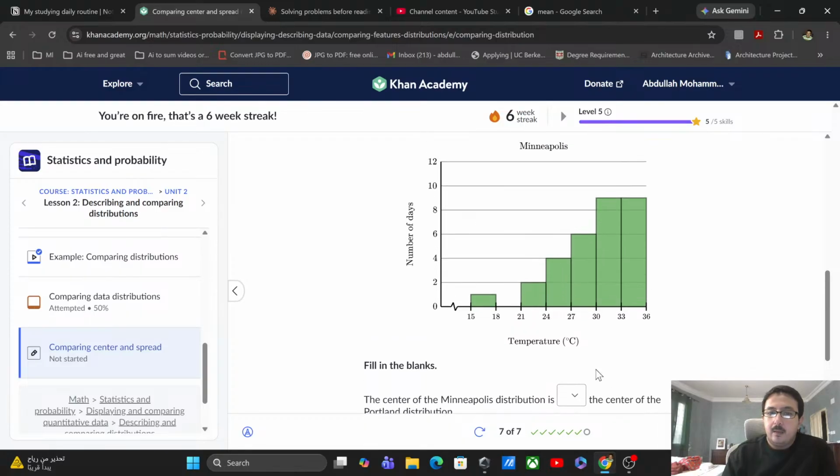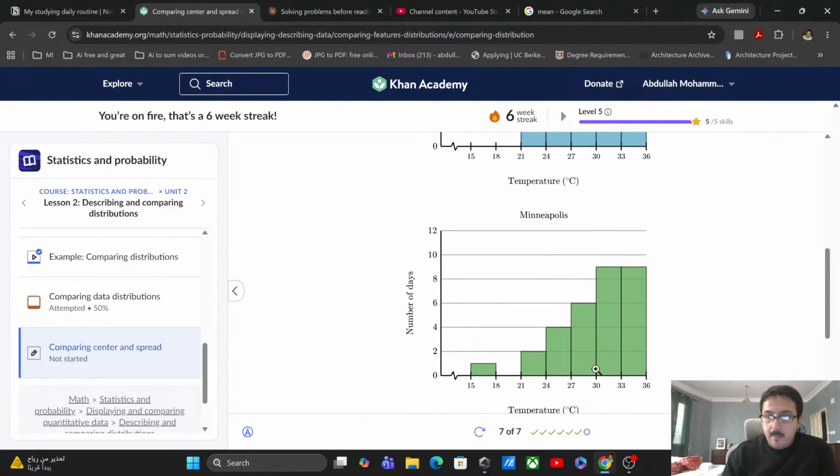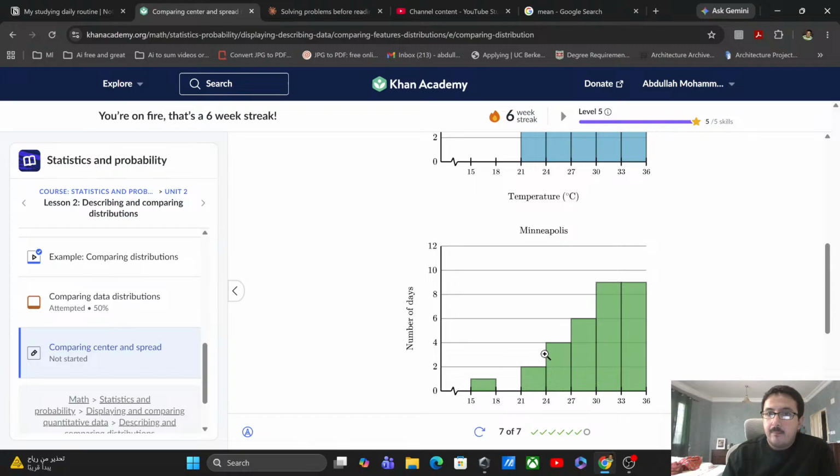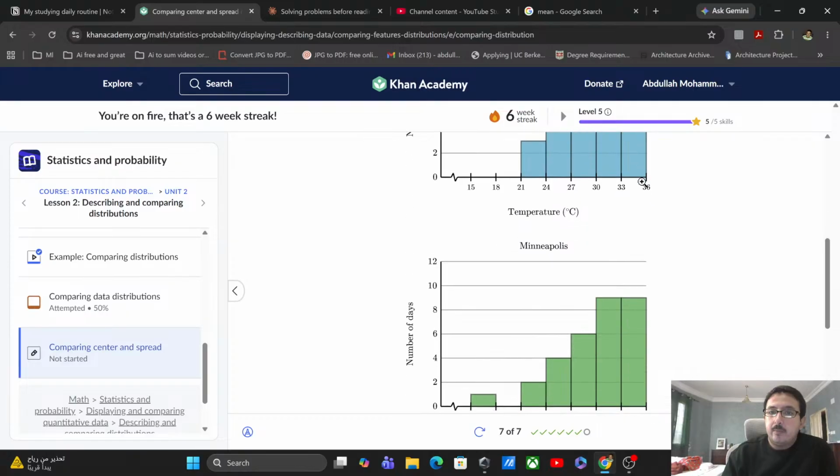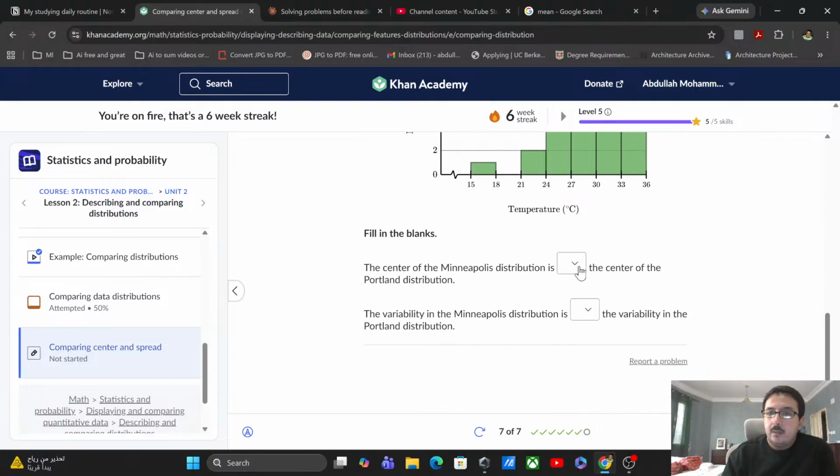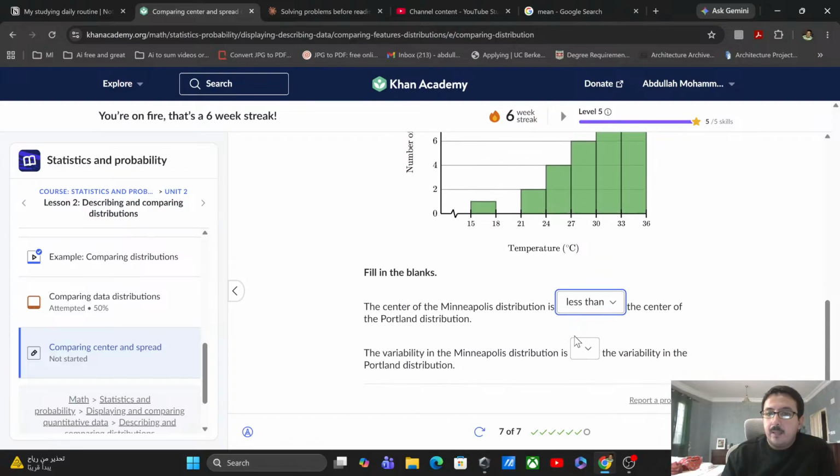So the center would actually be larger here in Portland, is less than, and the variability in Minneapolis is greater.